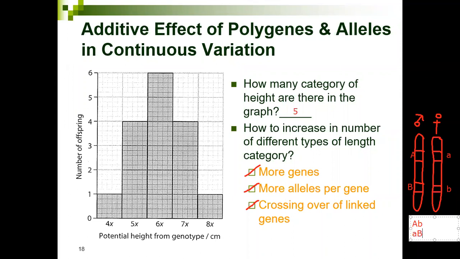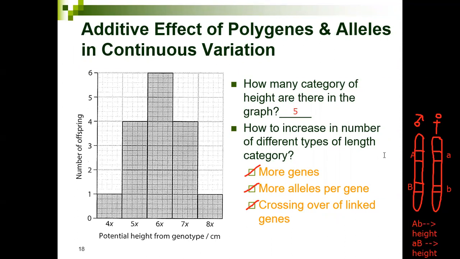These new allelic combinations are going to give rise to a new type of height which we originally don't have. So that's why they say that crossing over of linked genes also gives you a new combination of alleles, which gives rise to a new type of phenotype.